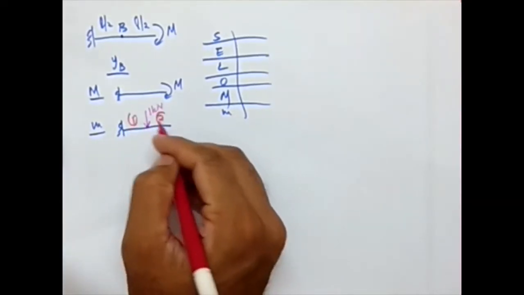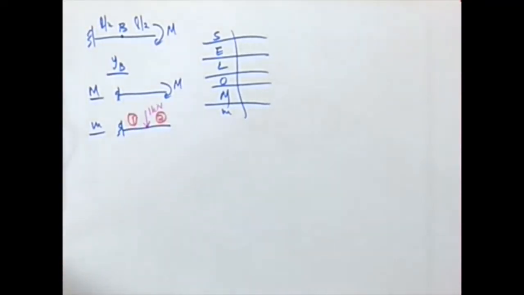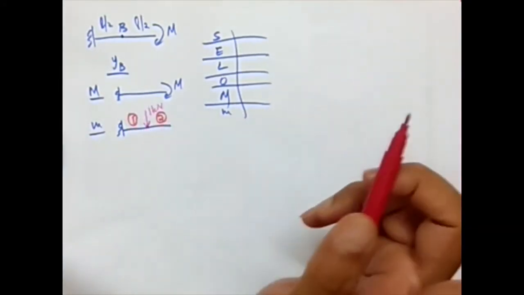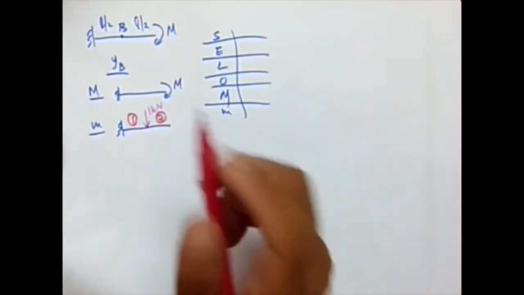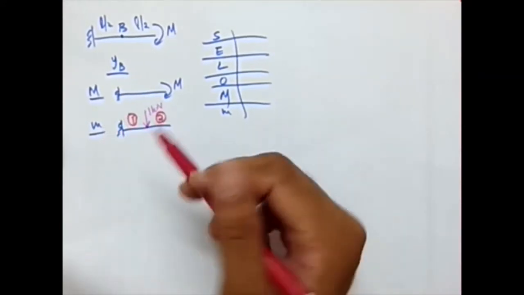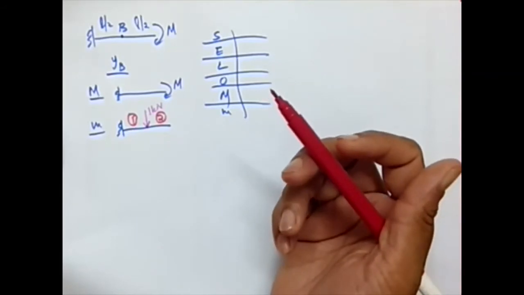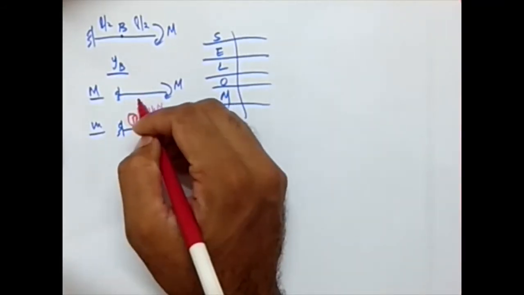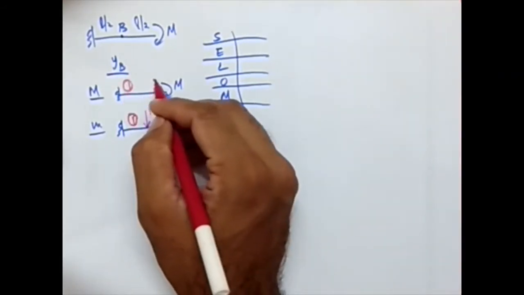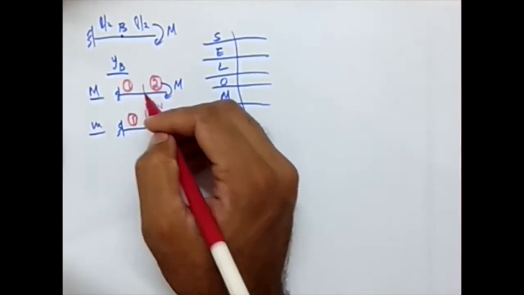Segment 1 and segment 2. So here we need to be careful. Here one segment, here two segments. In the earlier lecture I said that whichever of capital M or small m has more number of segments, that needs to be considered for the calculation. So this beam also we will have to divide into two segments.